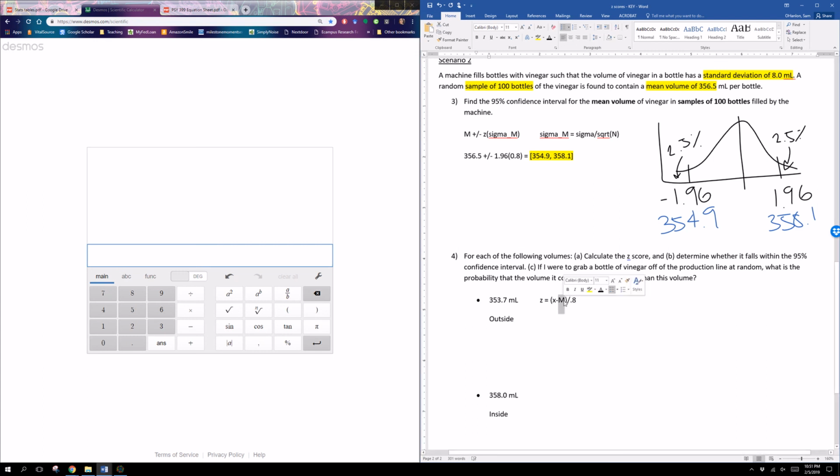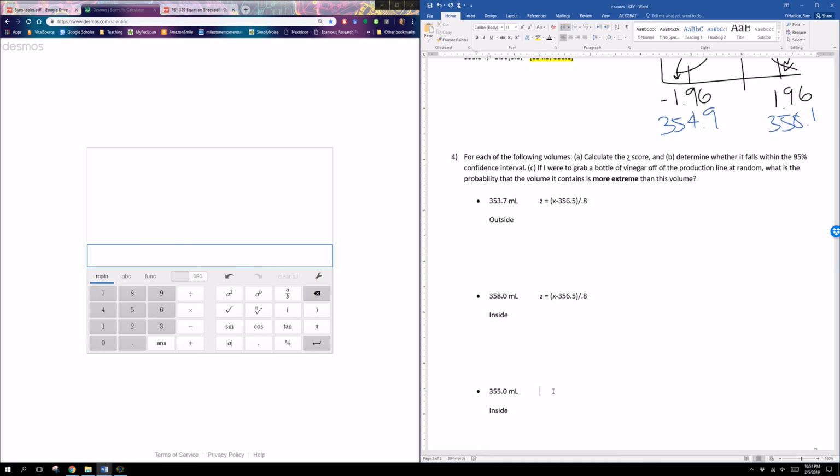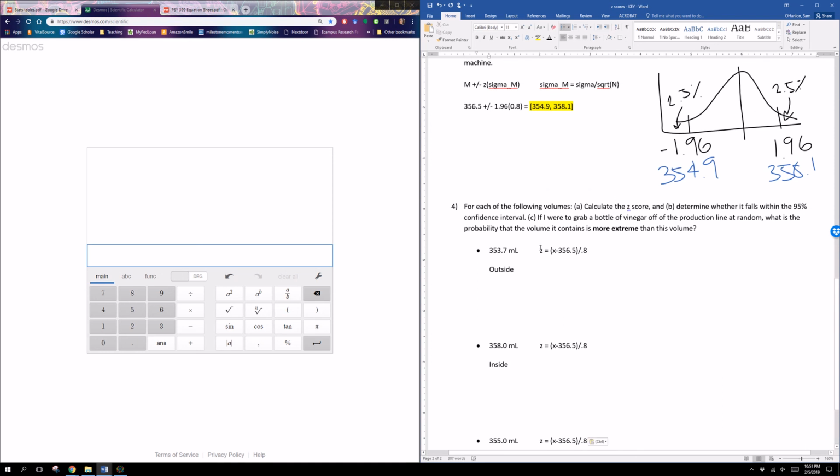Okay. And the mean is 356.5. Okay, here is our general equation. I'm going to copy and paste that for each of these, so I don't have to retype it every time. Okay, and here our x is 353.7.